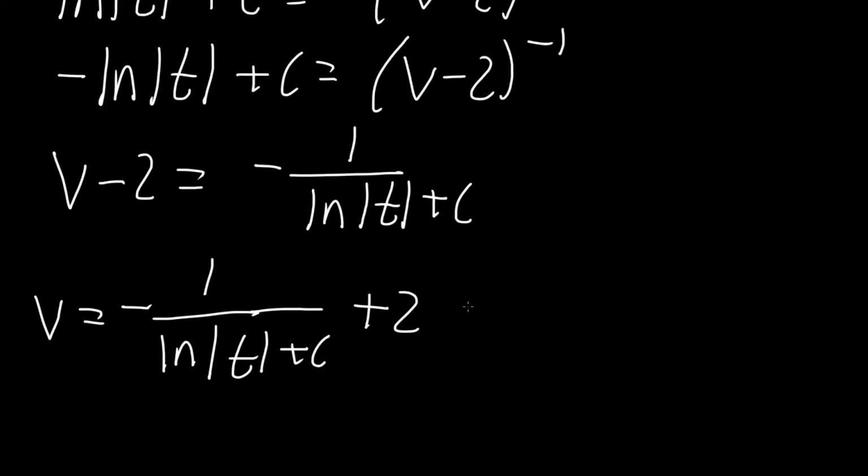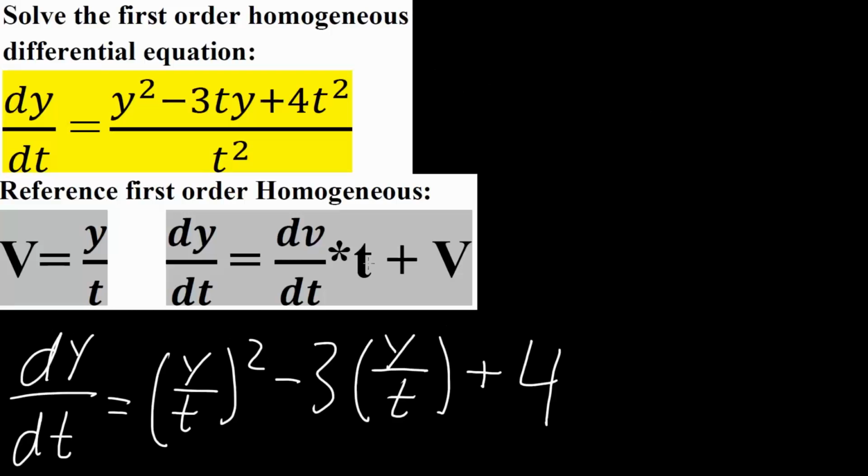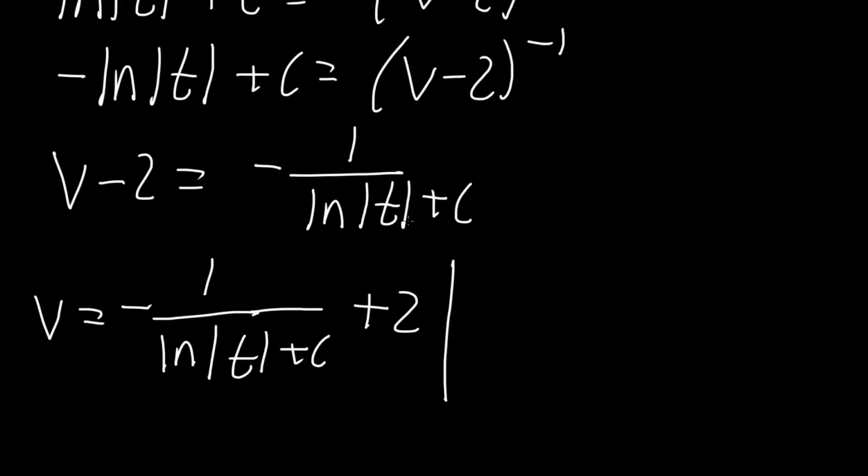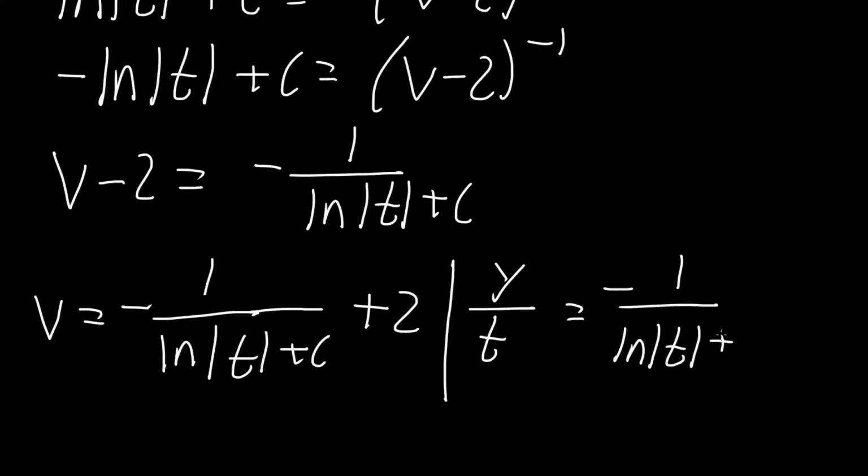And let me go back to the reference we had earlier. In the beginning, we said that v is equal to y divided by t. And so we will replace v with y over t. So instead of v, we will say y divided by t is equal to negative 1 divided by ln absolute value of t plus c, plus 2.